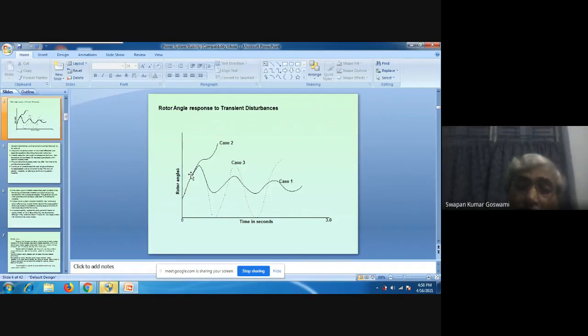So for this form of disturbance, you can assess the stability of the power system if you look at the first swing. How? If you see that the rotor angle is increasing and then decreasing, it is an indication that the system will become stable.